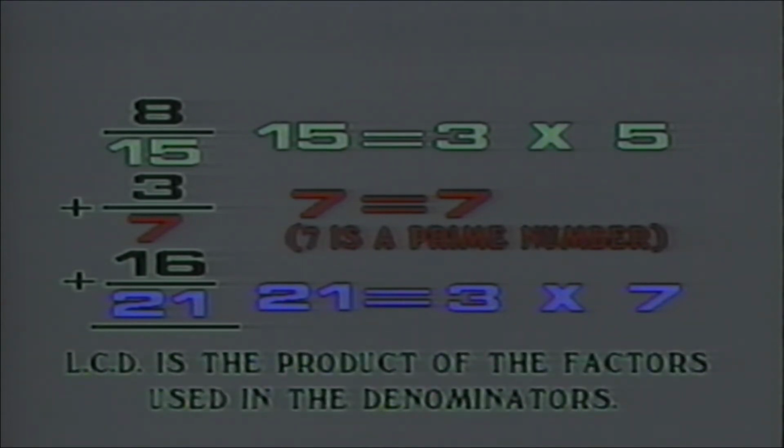Right. Now the LCD is the product of all the different factors involved in the denominators. That means we multiply the factors. The LCD is 3 times 5 times 7. That equals 105. Yes, but keep writing it as 3 times 5 times 7 until we have converted all the fractions.